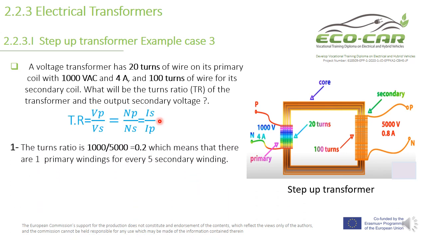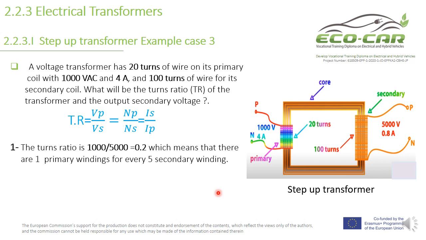This is the equation. So turns ratio equals 10 divided by 50, so it is 0.2, which means there is one primary winding for every 5 secondary windings. So this is a step up in the number of turns of coils.